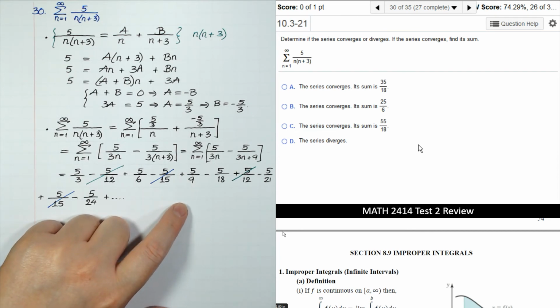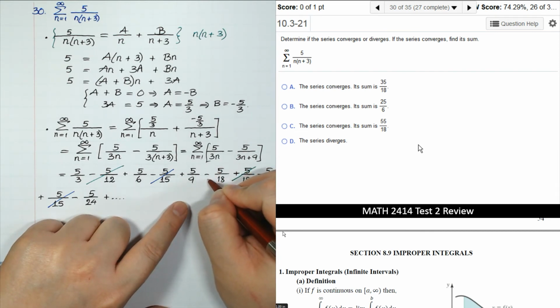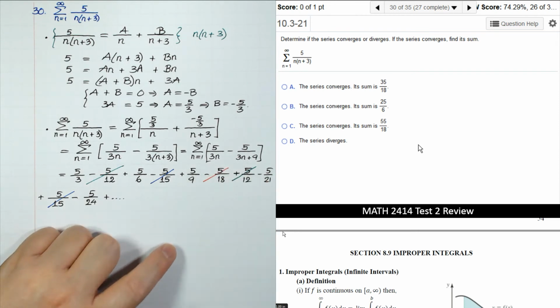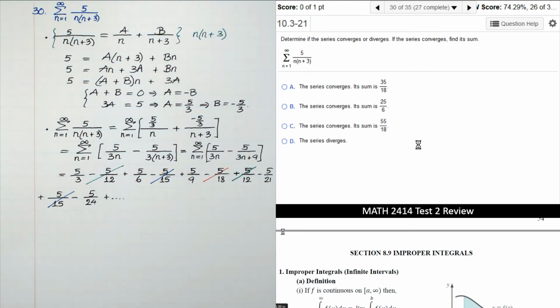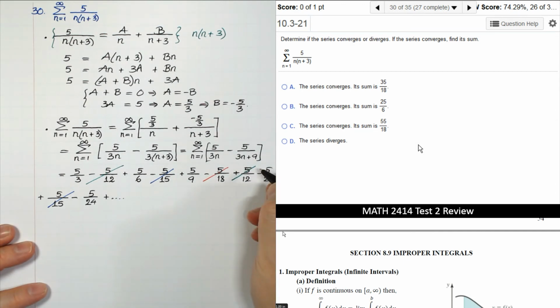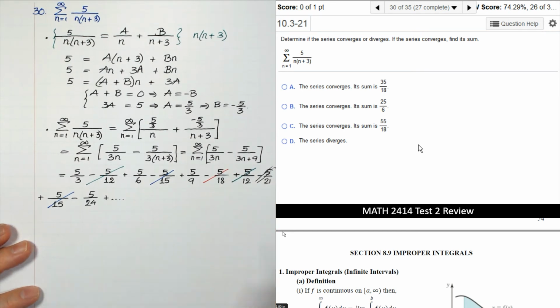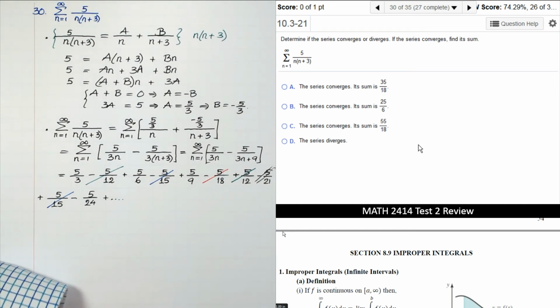If we keep going, the negative will cancel out. And the negative here will cancel out. So all the negatives will cancel out.